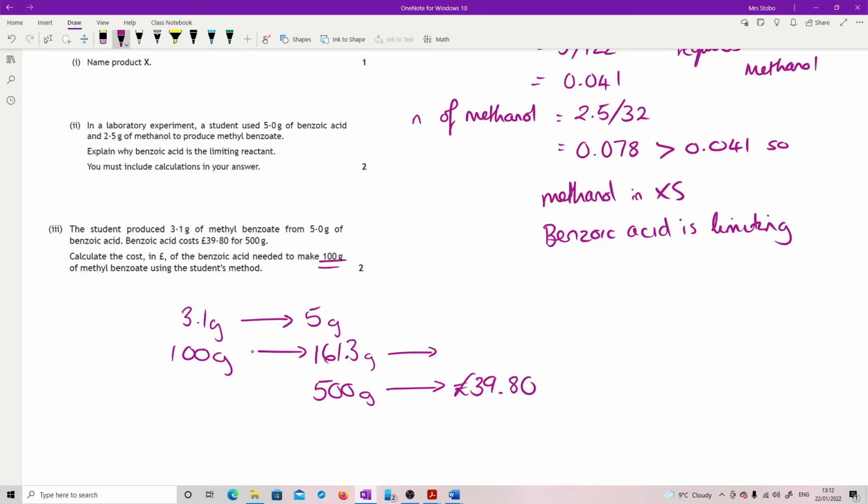So to work this one out, 161.3 divided by 500 times by 39.8 gives me 12.83 or 84 depending on where you're rounding to, but the mark scheme wants that. Okay, so 2 marks, one for your proportion up and one for your 500 grams issue, and that's the question.